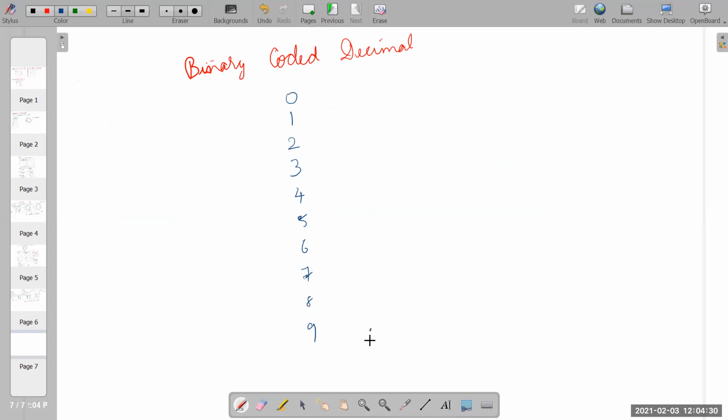Help me. 1001 is 9. 8 is 1000. 7 is 0111. 6 is 0110. 5 is 0101. 4 is 0100. 3 is 0011. 2 is 0010. 1 is 0001. 0 is all 0.